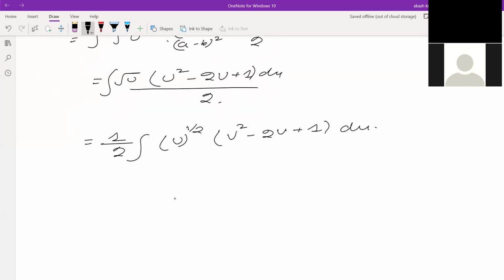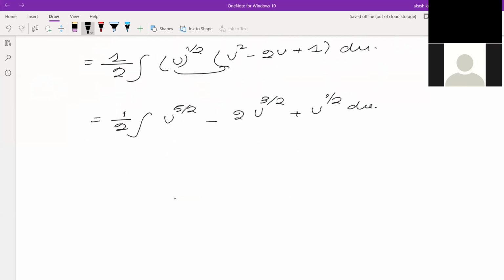Now I just need to multiply it. U half multiplied with u square will be u to the 5 by 2. U half multiplied with minus 2u will be minus 2 u to the 3 by 2, plus u half du. Now I have 3 terms.